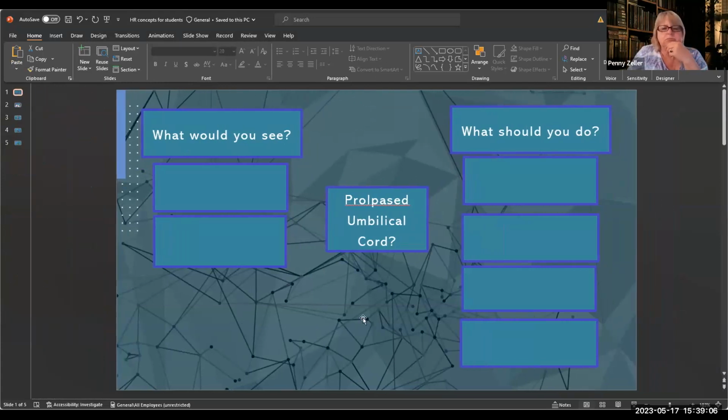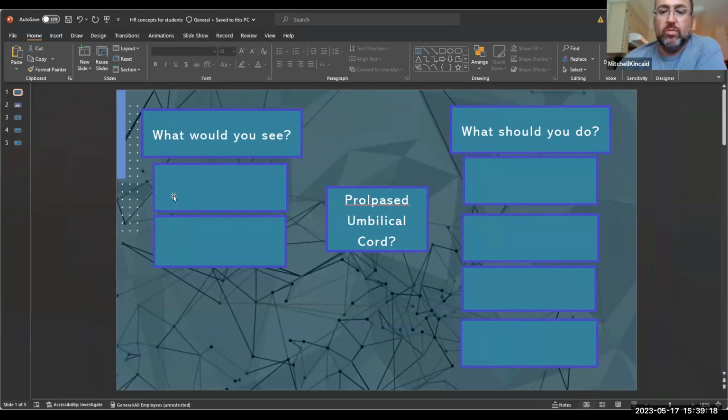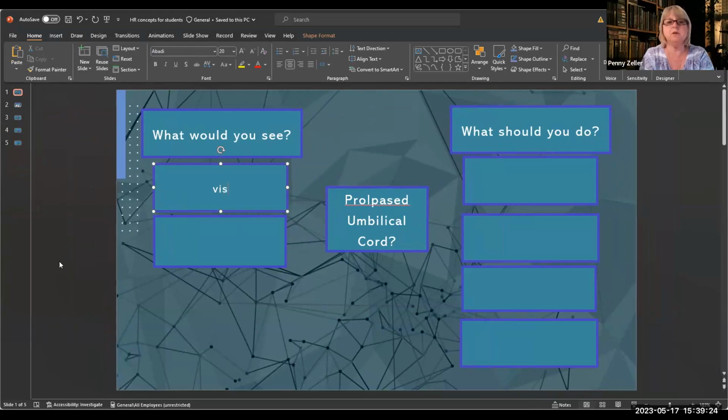What if you're the nurse in labor and delivery and you're suspecting a prolapsed umbilical cord? What are some clinical signs that you would see? Part of the umbilical cord sticking out of the vagina. Yeah, you might actually visualize the umbilical cord.